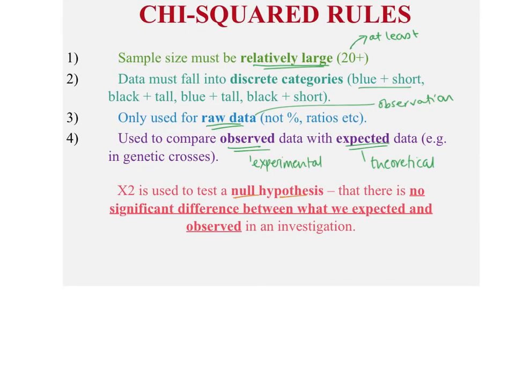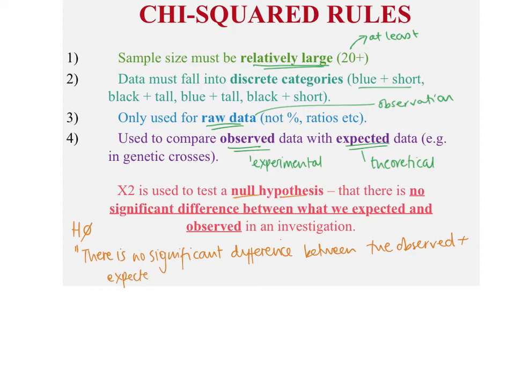Okay, so as a standard answer for this, the null hypothesis, which you can write as H0: there is no significant difference between the observed and expected ratios of, and then you put your variable in there, so maybe we're talking about blue tall aliens, due to anything other than chance.